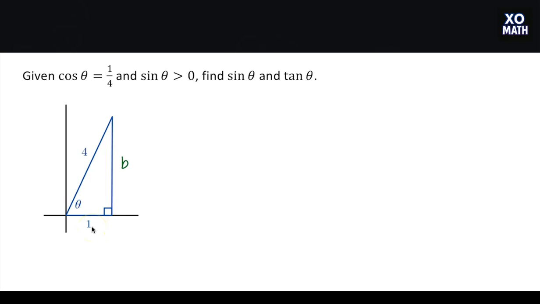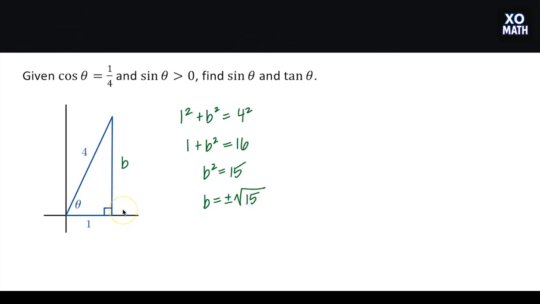So we know that 1 squared plus b squared is equal to the hypotenuse, which is 4 squared. So we have 1 plus b squared is equal to 16. B squared is equal to 15 if I subtract the 1. So b is equal to plus or minus the square root of 15.